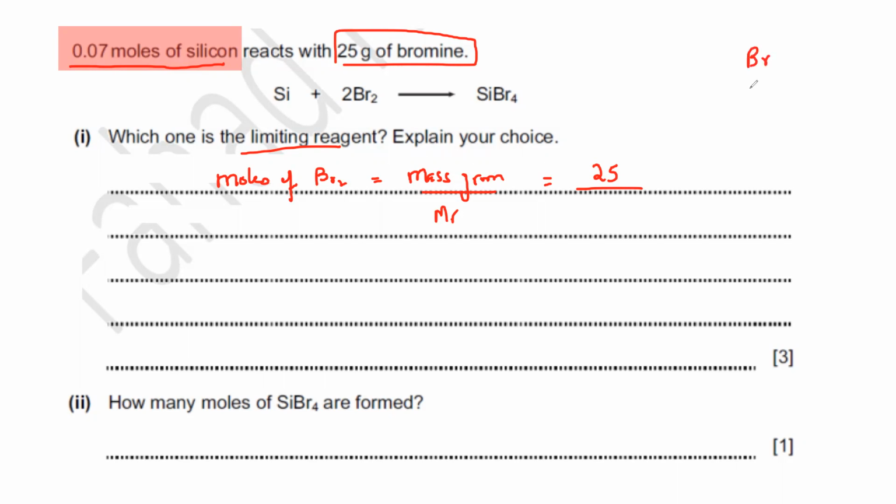When you check the periodic table, the mass of bromine is 80. And because bromine is a molecule, the molar mass will be 80 multiplied by 2. This 80 is from the periodic table. So this will be 25 divided by 160.